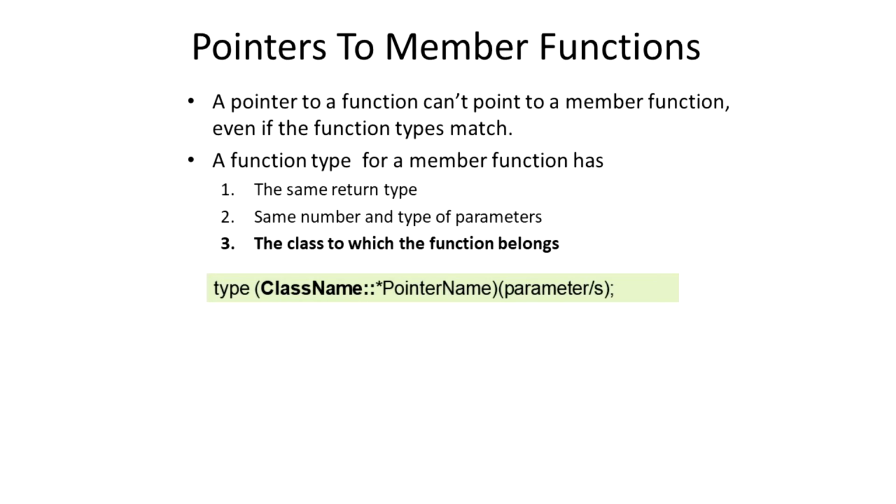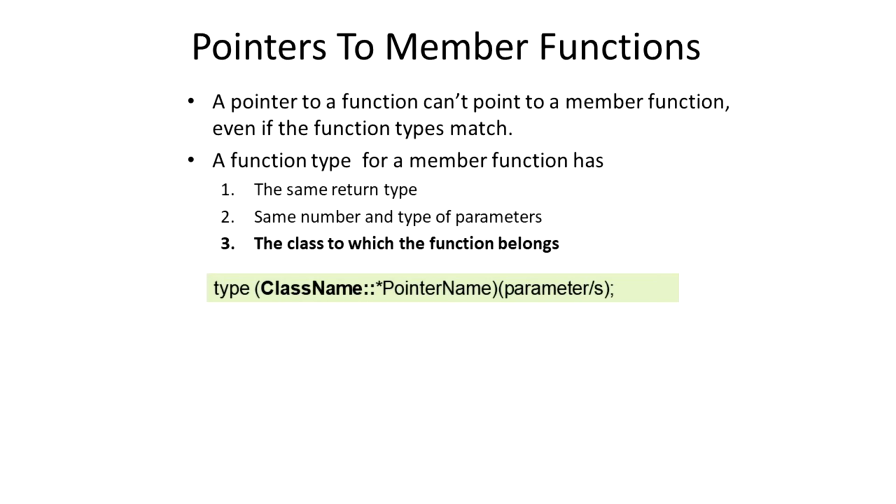So if we have a look at the green box here at the bottom of the slide, notice that the pointer to a function declared within the class still has the matching return type and parameter list as before, but the middle section where we declare our pointer with the asterisk within the pair of brackets has to be prefixed with the class name and the scope resolution operator.